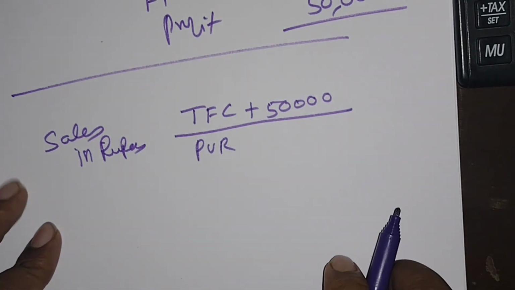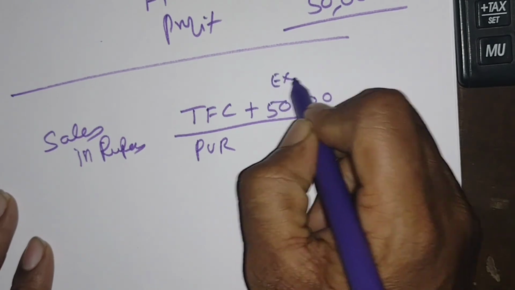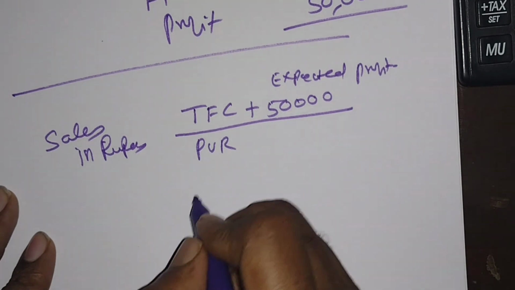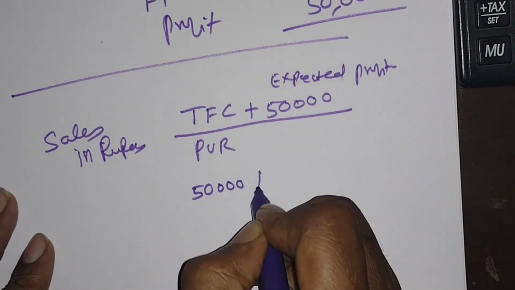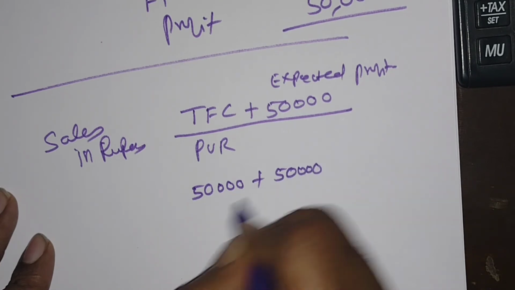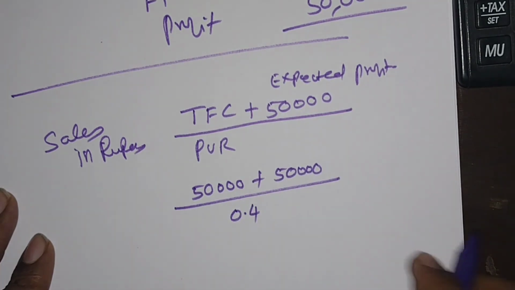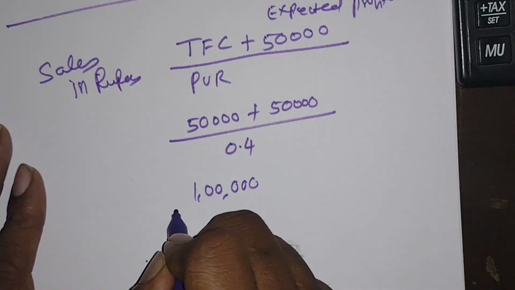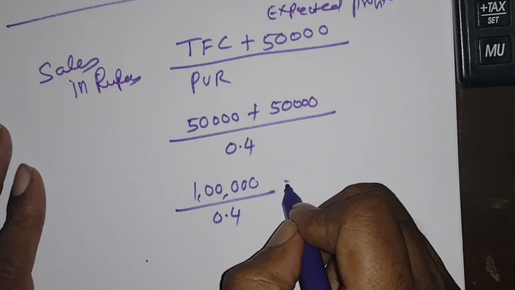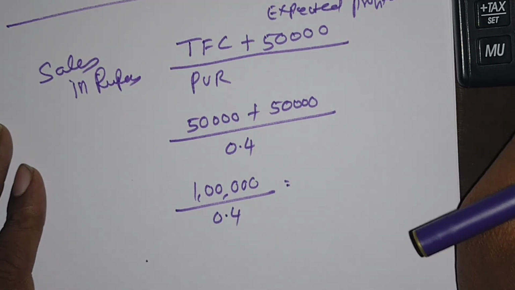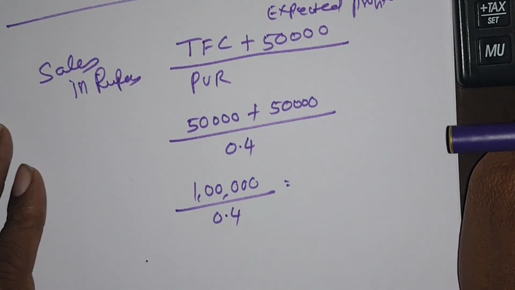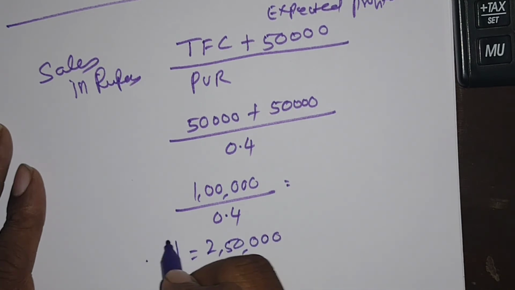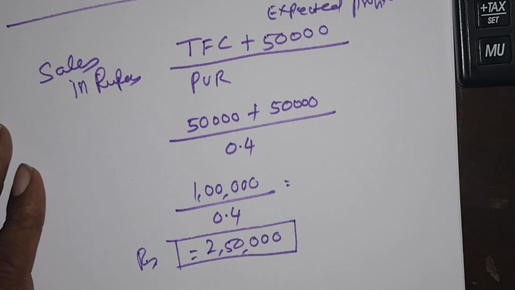My fixed cost is 50,000 and my expected profit is 50,000, divided by my PV ratio of 0.4. Therefore 1 lakh divided by 0.4 is equal to 2,50,000. That is in terms of rupees.